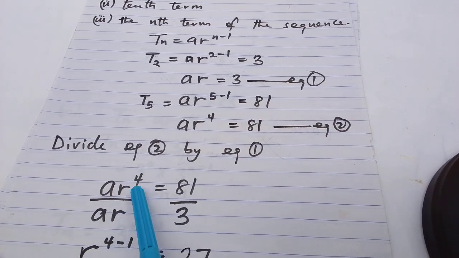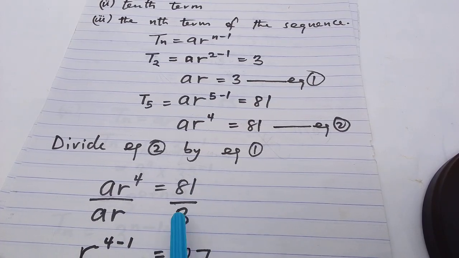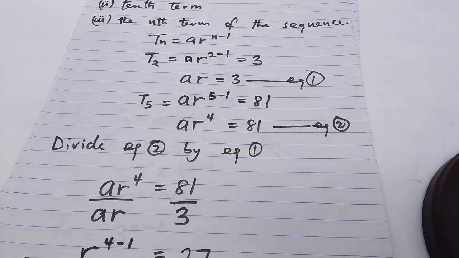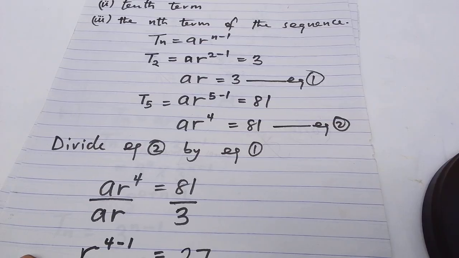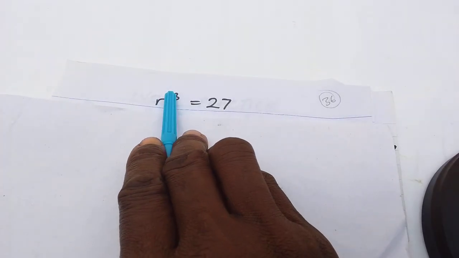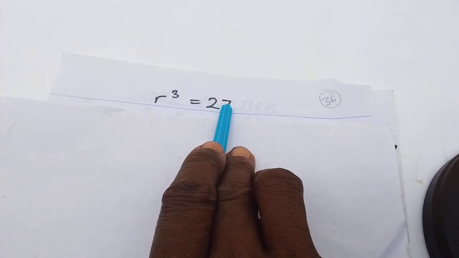R raised to power 4 minus 1, since it is division, is equal to 81 divided by 3, which is 27. So 4 minus 1 is 3, and R raised to power 3 is equal to 27.